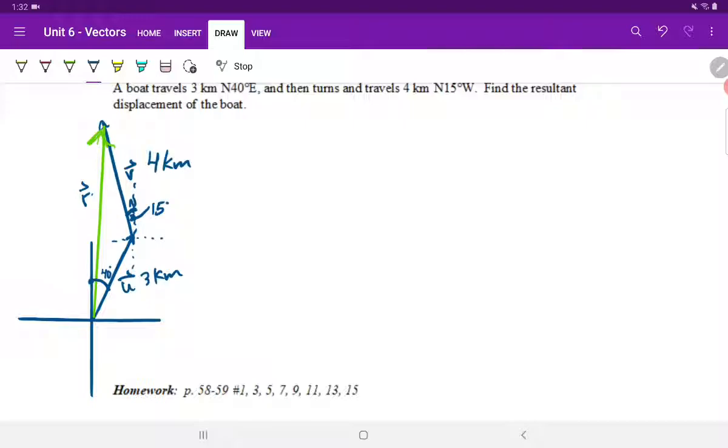We're going to need some angle theories here. I clearly need to know this entire angle. Can I find that?